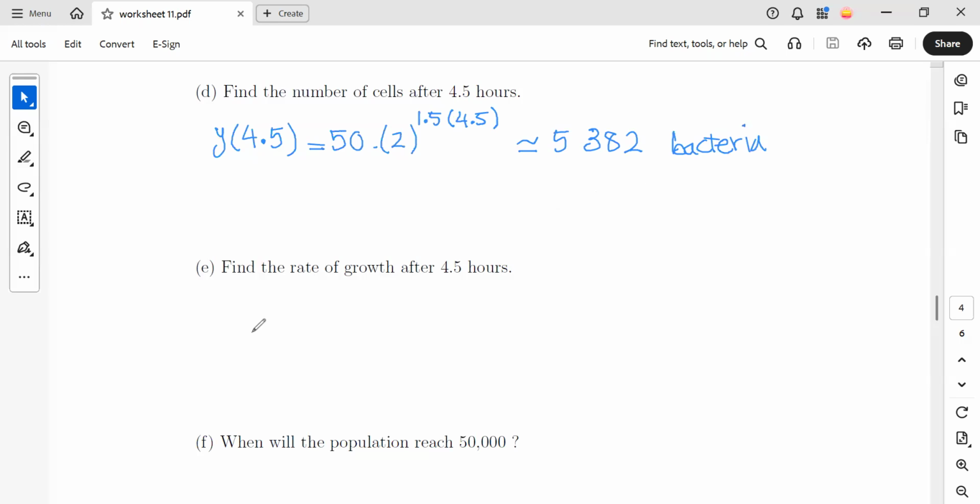Part E says find the rate. Okay, so we know that dy/dt is proportional to y of t.